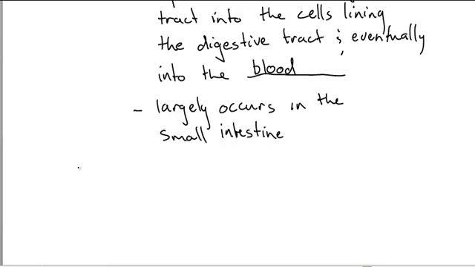And then finally, the last step is, what do we do with that stuff that goes through our system but doesn't get digested? We have to remove it from our system, get rid of it. What's a fancy word for getting rid of something? You said elimination? You would be correct.